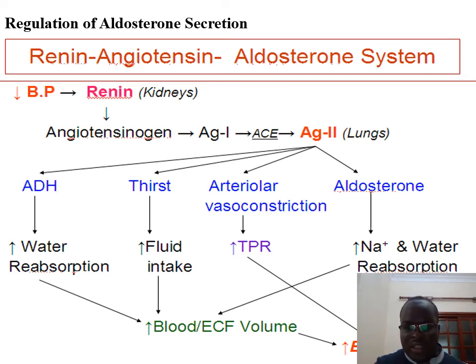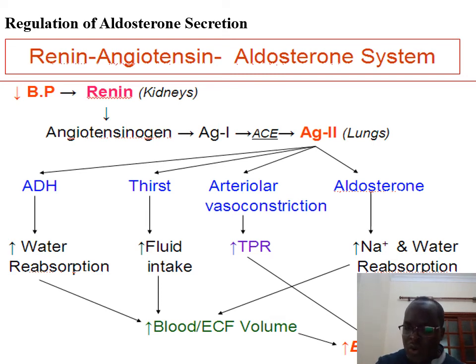The angiotensin 2 will go to the zona glomerulosa to stimulate the production of aldosterone. An increase in aldosterone goes to the kidneys to increase the reabsorption of sodium in exchange for potassium. Once you have reabsorption of sodium, it will create the concentration gradient, the osmotic gradient, that will facilitate osmosis to take place.